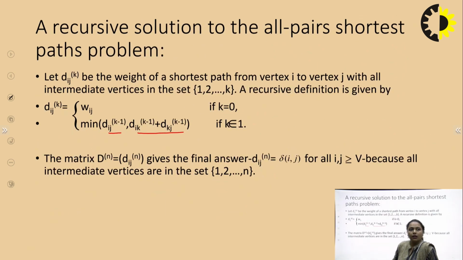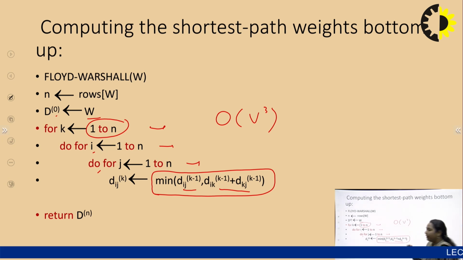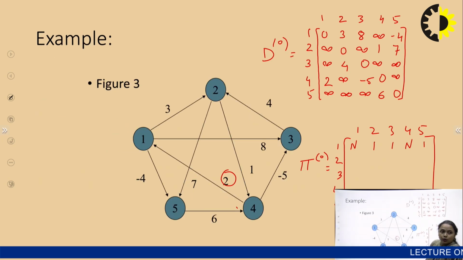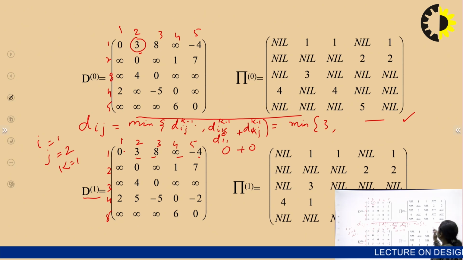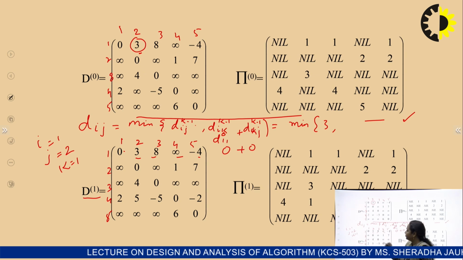So what are we going to get? We are going to get 0. So there is no change. We are not getting the optimal solution. We are having this 3 only, as in this particular thing we are having value 0.